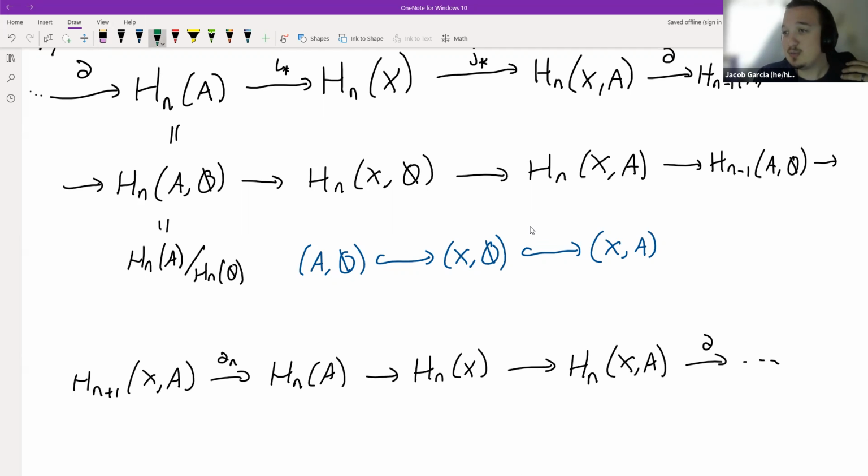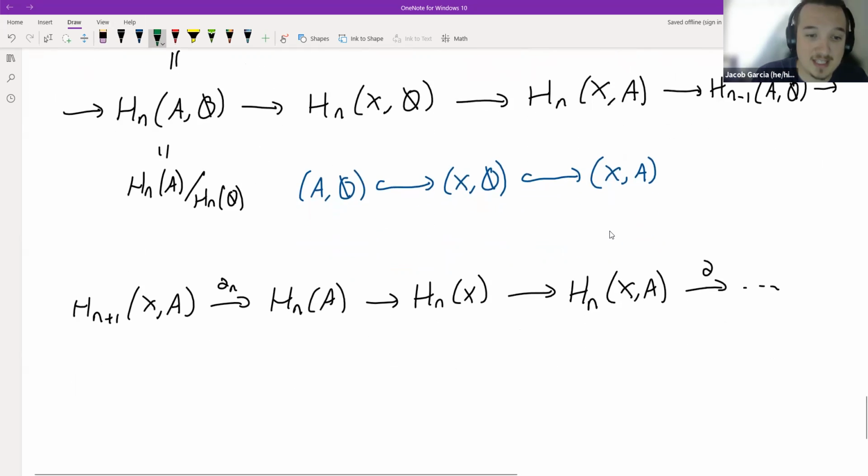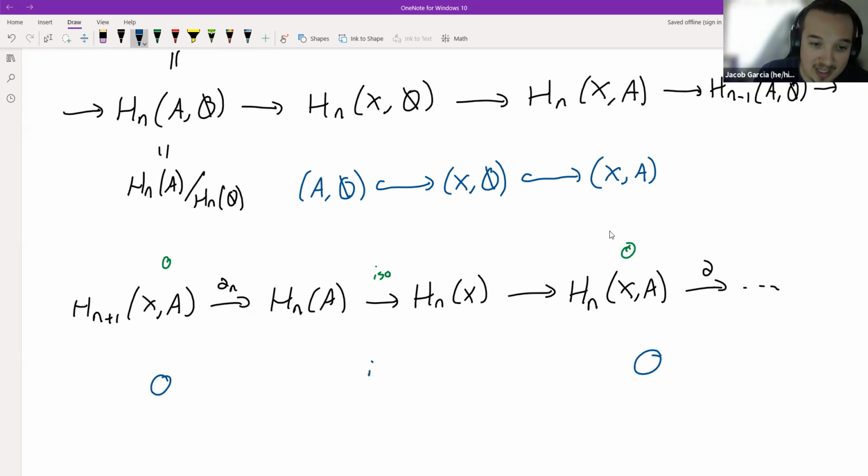The crux of the problem is that if this is an iso, then, as I said at the end of the last step, having an isomorphism in an exact sequence means that the ends are 0. And conversely, if the ends are 0, then you can conclude that the middle map is an isomorphism.